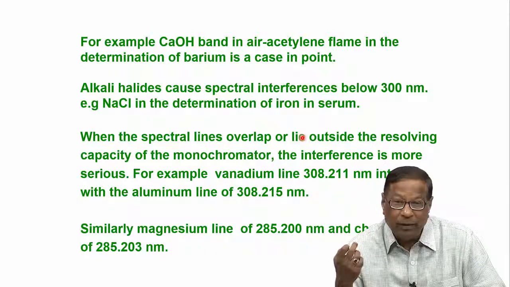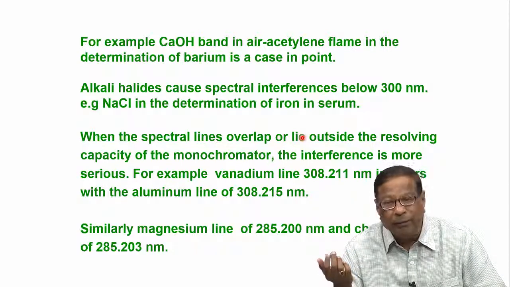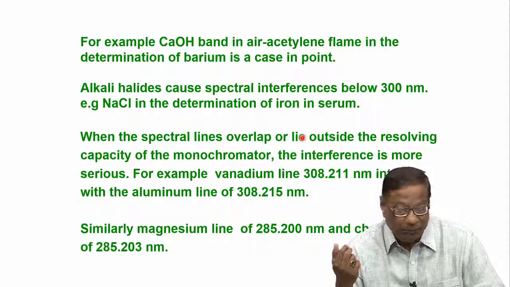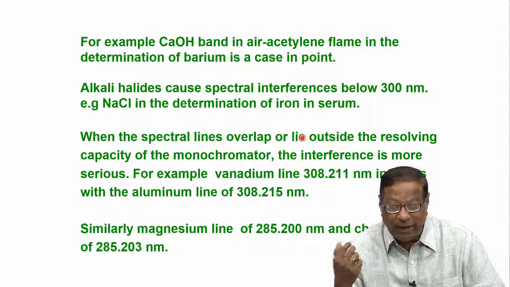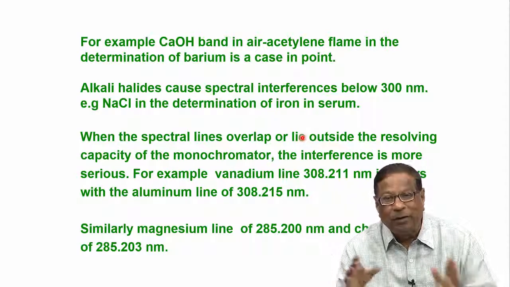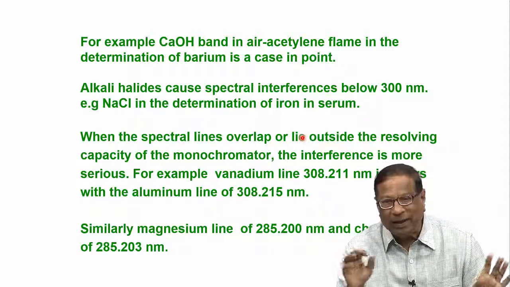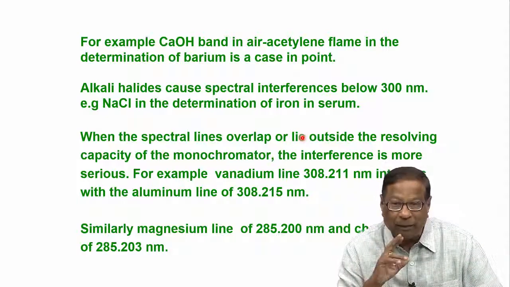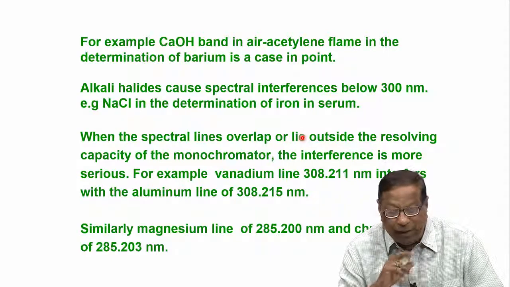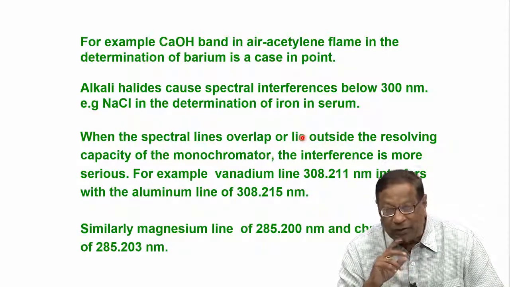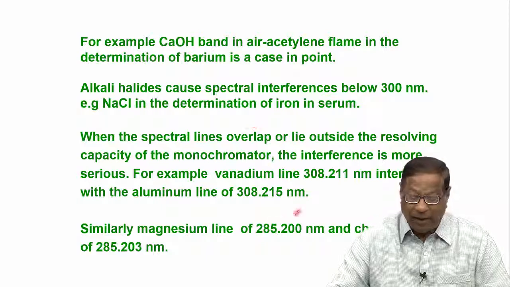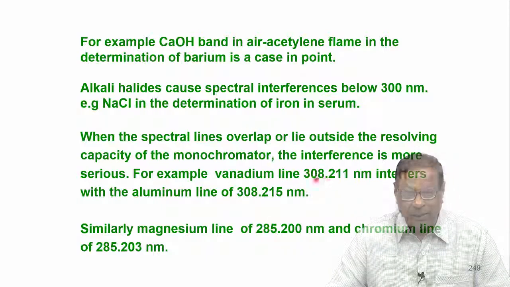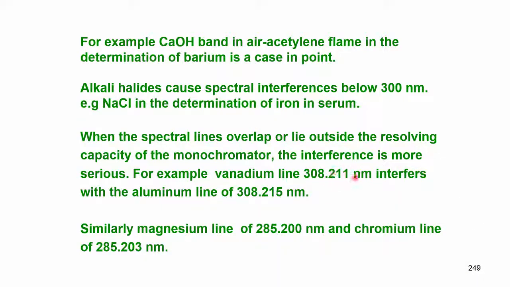But even if you use the best monochromator like a grating, if the monochromator is unable to differentiate between two lines, then nothing can be done. There is spectral interference, both of them will add up. Take the example of vanadium. What is the resonance line I am showing here? It is 308.211 nanometer. Okay.